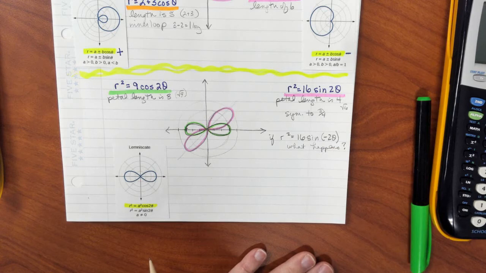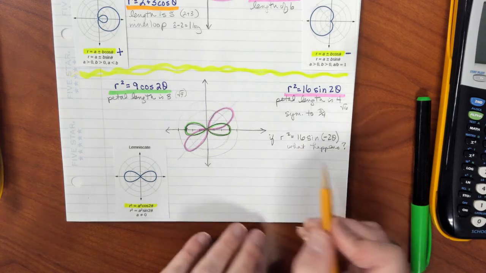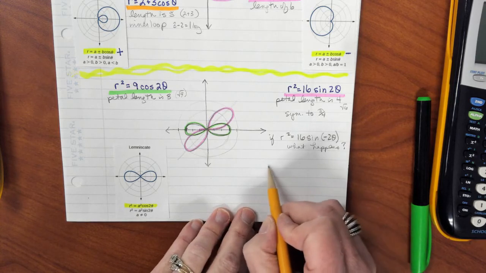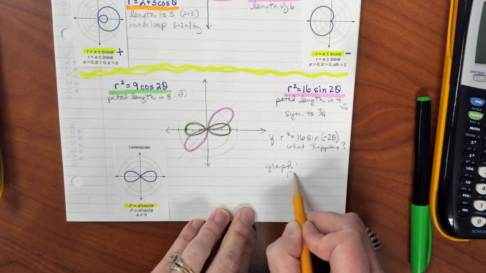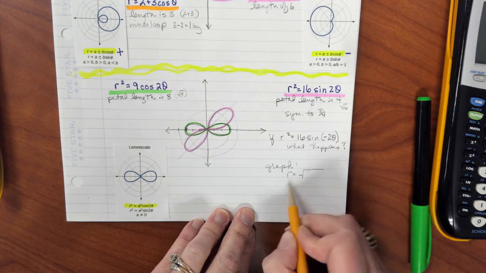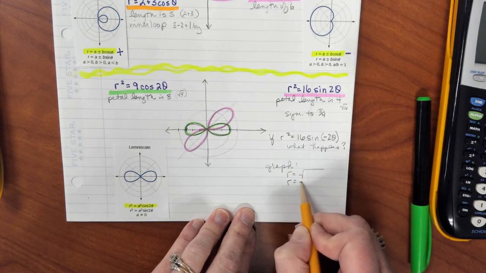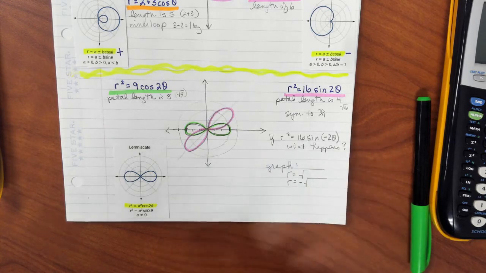Now, it's a little tricky when you graph these. You have to change your mode to polar coordinates, and you have to graph r equals the positive square root, and then you have to graph r equals the negative square root when you put the equations in. But then see what happens.